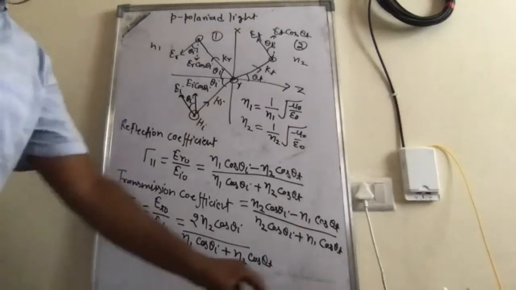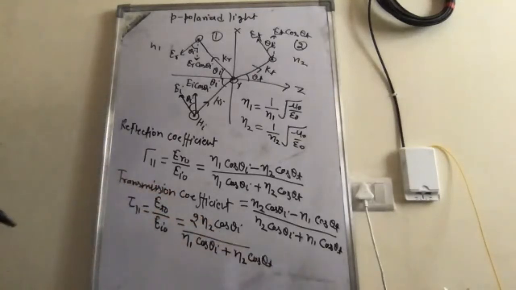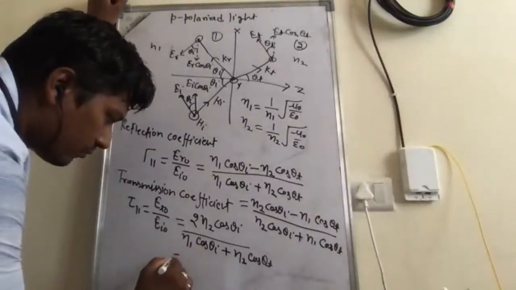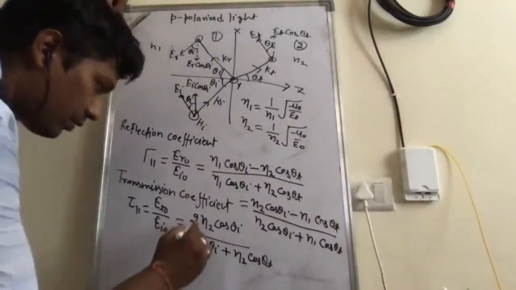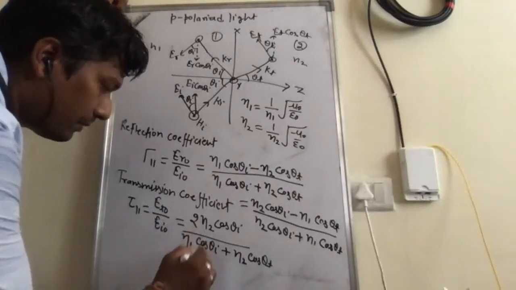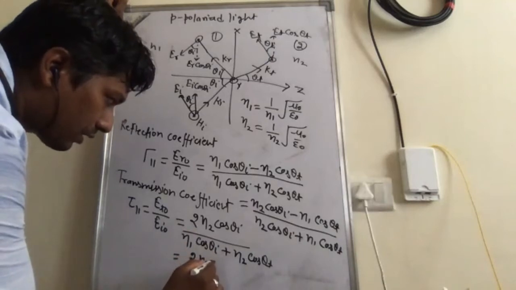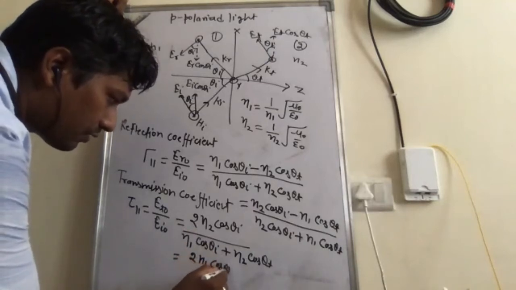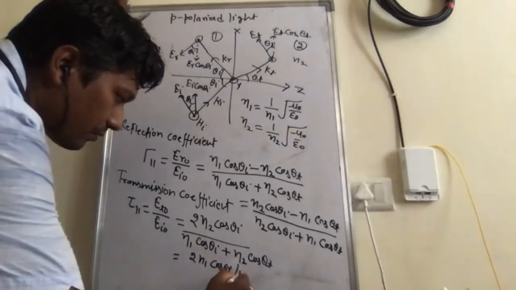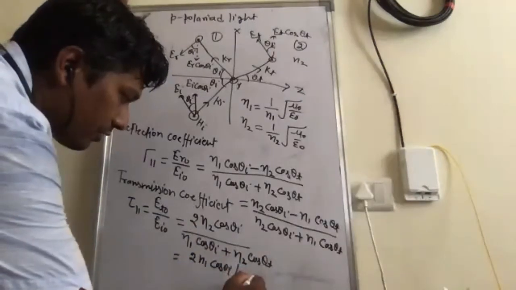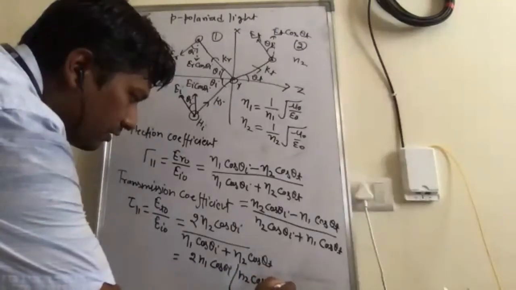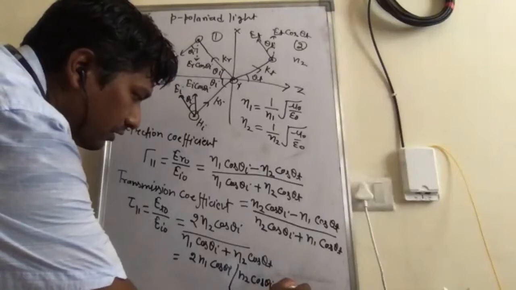Yes, sir. And similarly, we can write for the transmission coefficient, and this will be equal to 2 n2, and eta 2 will be n1 cos theta I divided by n2 cos theta I plus n1 cos theta t.